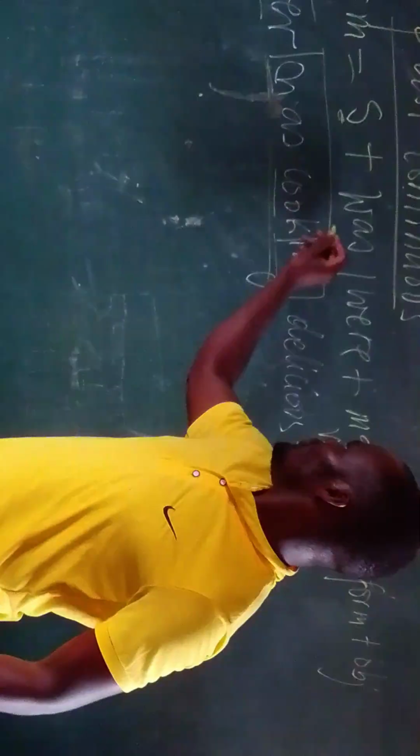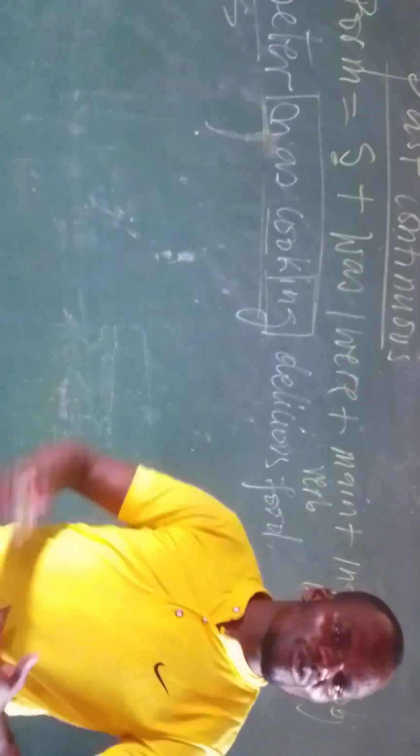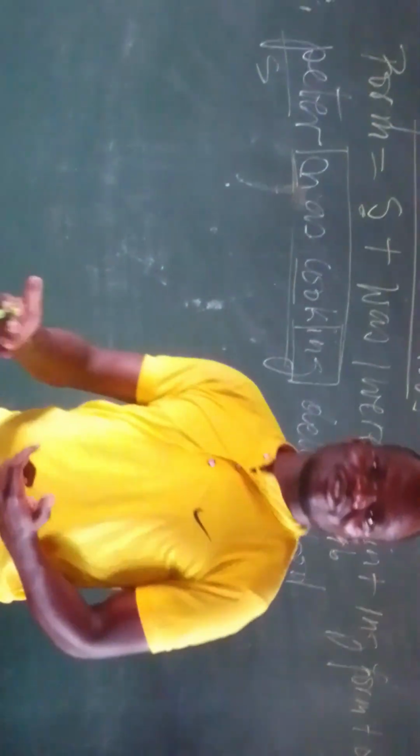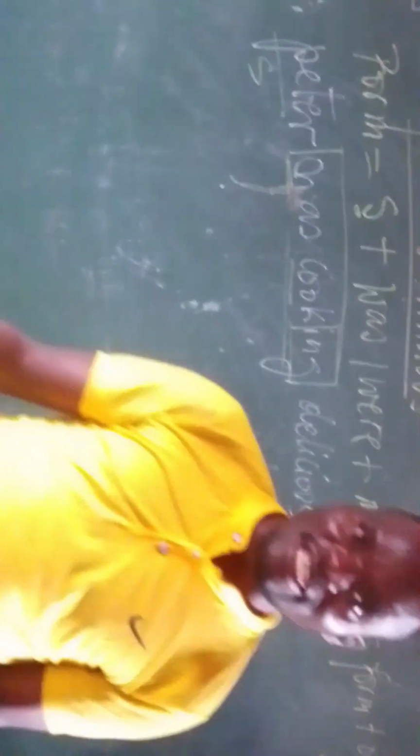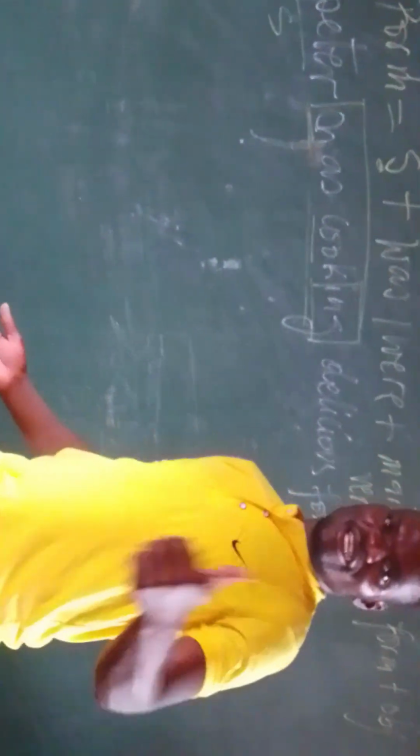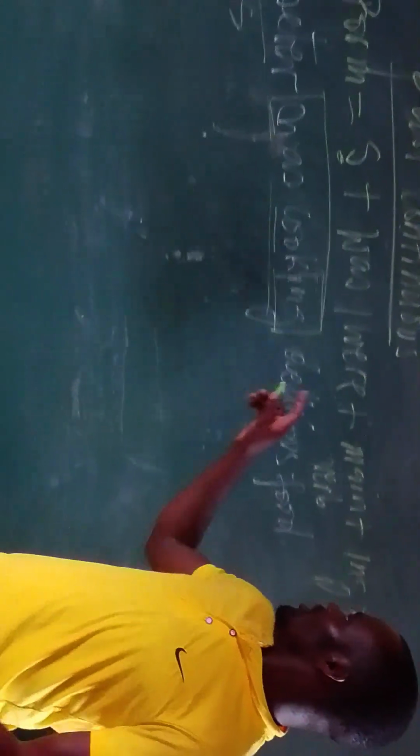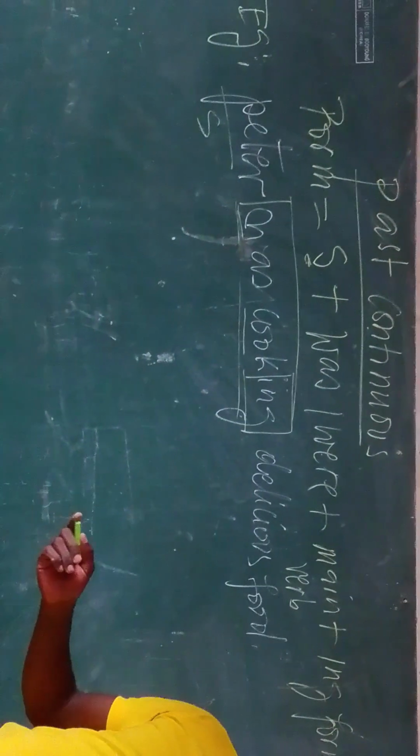Simply, the subject is here, Peter. This verb to be can be was. It can be was for the third person singular, as well as he, she, and it, as you have seen yesterday. And then were for plural.